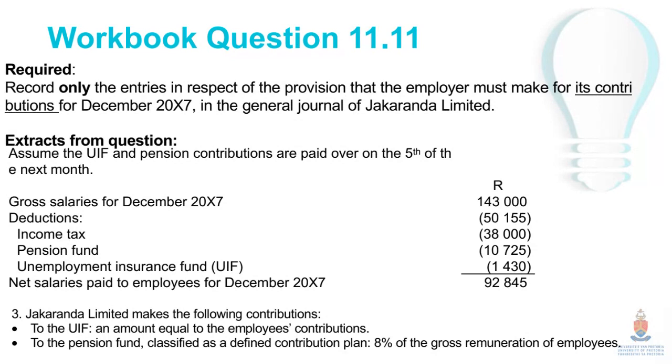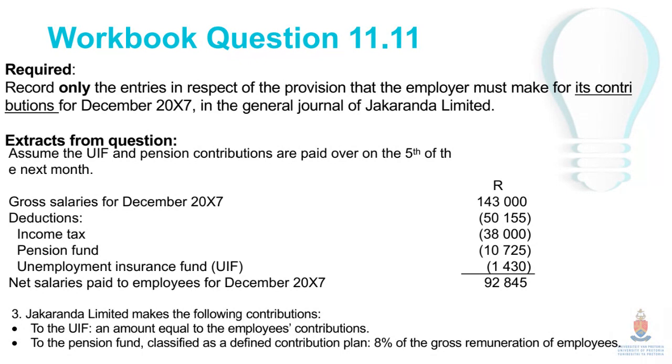Okay, so the first option is that no journal needs to be passed. The second option says it must be a liability. And then the third option says there must be bank. We must record it in bank.